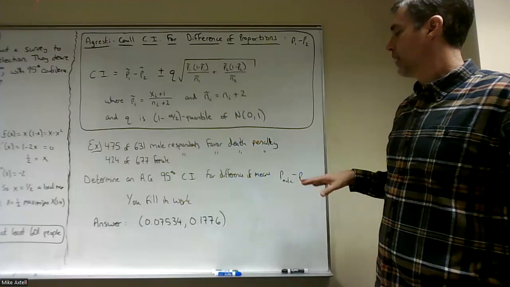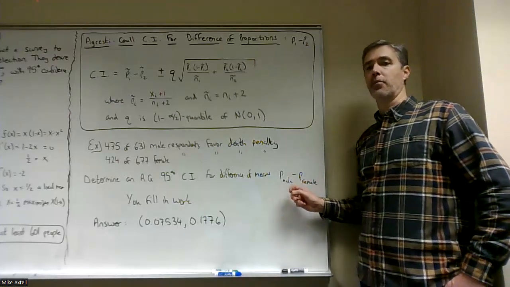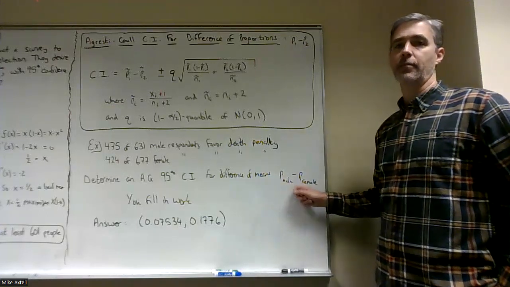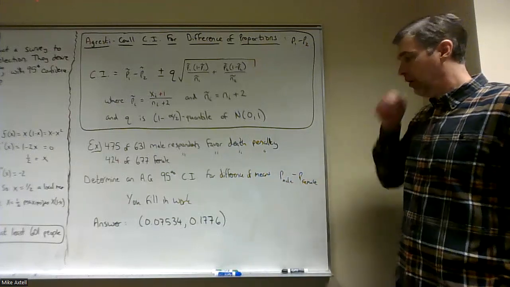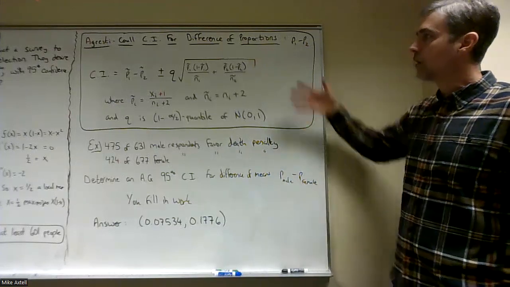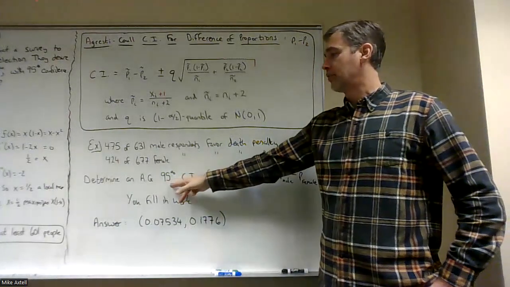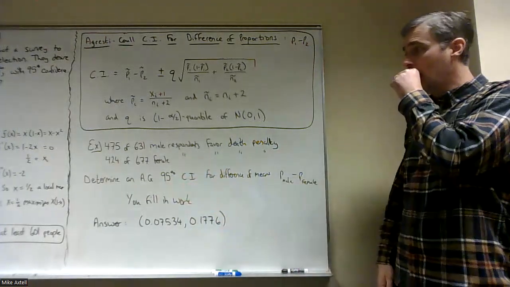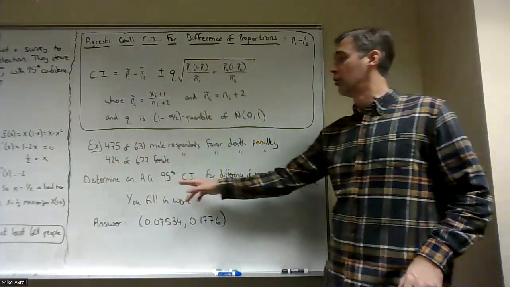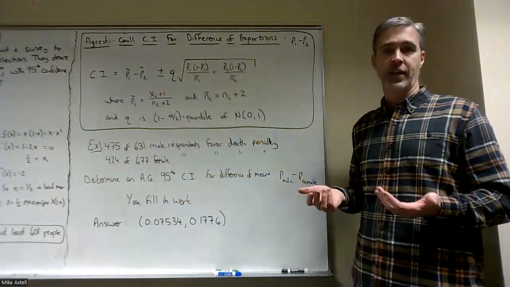And we would like to know a confidence interval for the difference of the proportion of men in favor of the death penalty minus the proportion of women in favor of the death penalty. Okay. So we've got the information up here. It's 95%, so alpha is 0.05, which means you're looking at the 2.5 and 97.5 quantiles for standard normal.